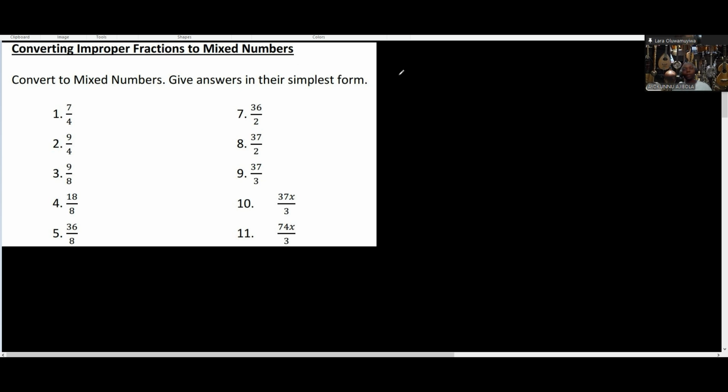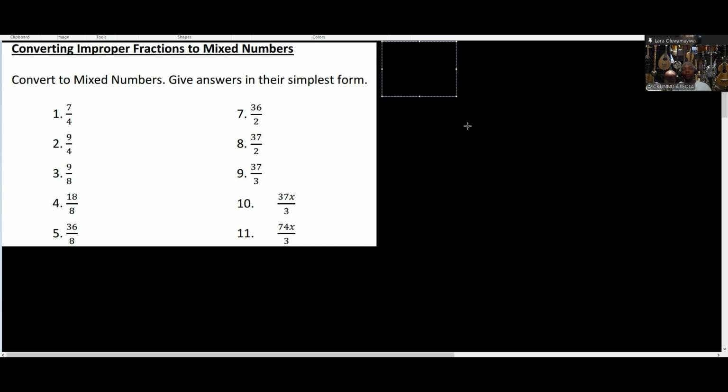That's not proper. Like 7 sitting on 4. Is that proper? No, it's not proper. So we have to make it proper.